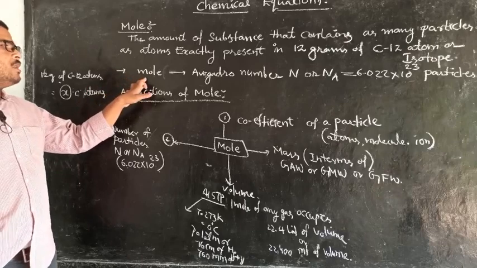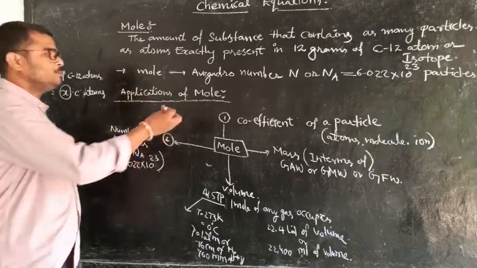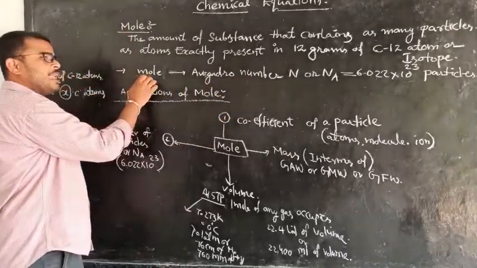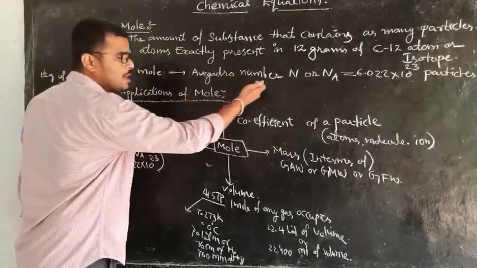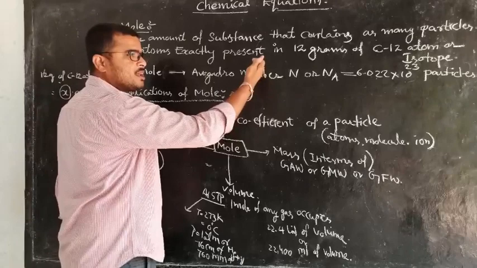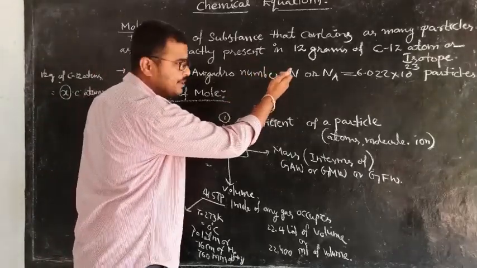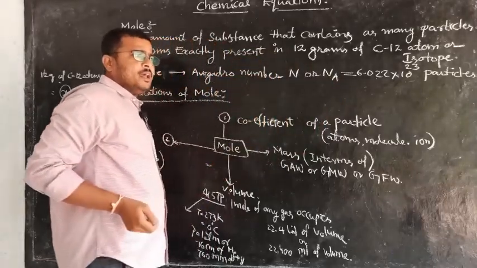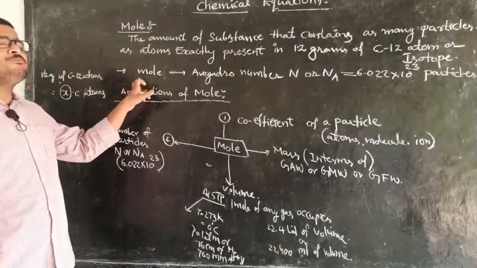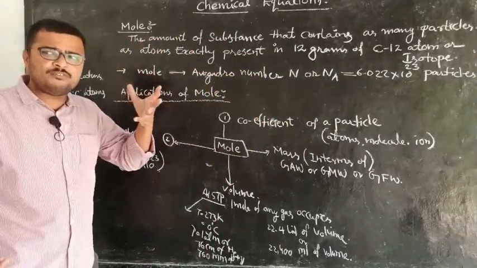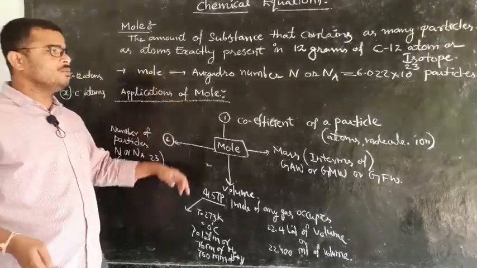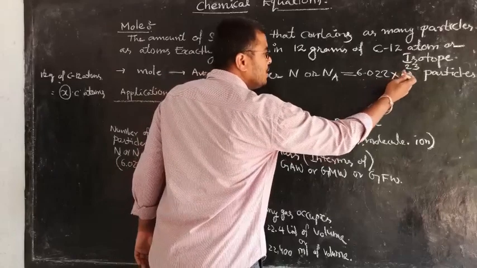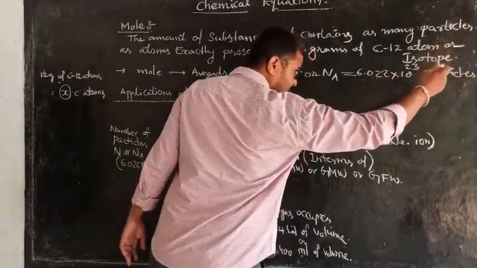The mole number was proposed by the scientist Avogadro. That's why this mole number is called the Avogadro number. The Avogadro number can be represented by the capital letter N or N subscript A. What is the value of the mole? If you take the mole value, that is equal to 6.022 into 10 to the power of 23 particles.